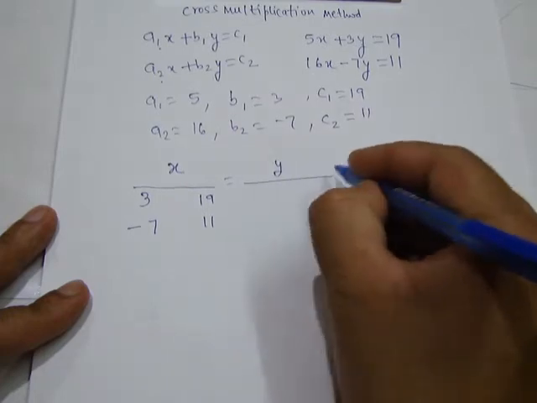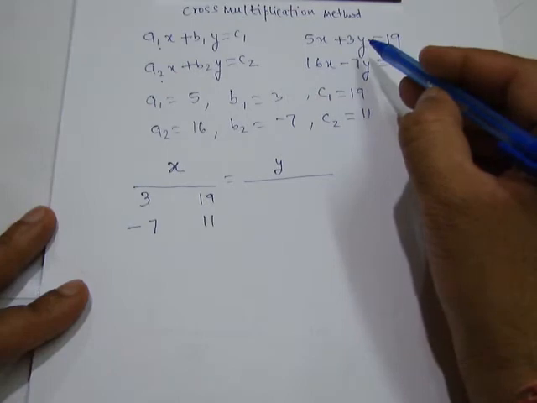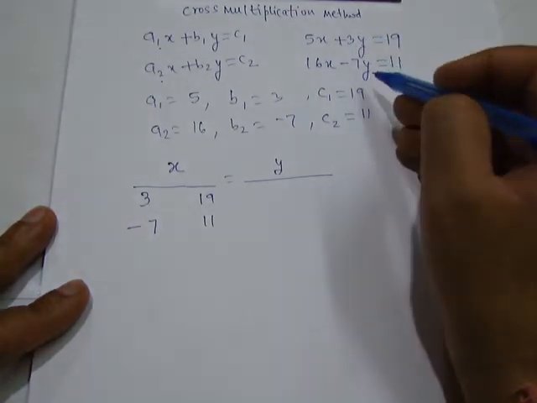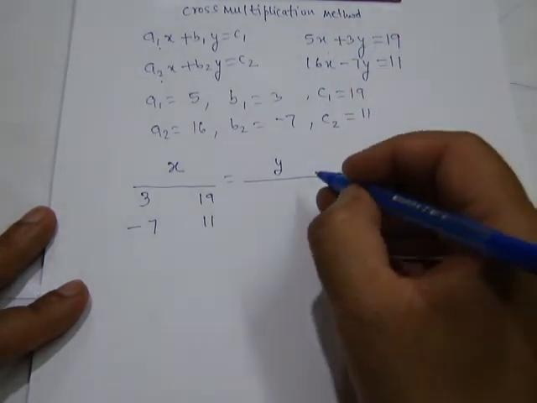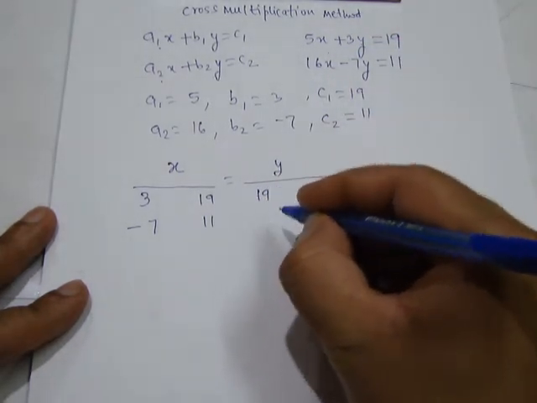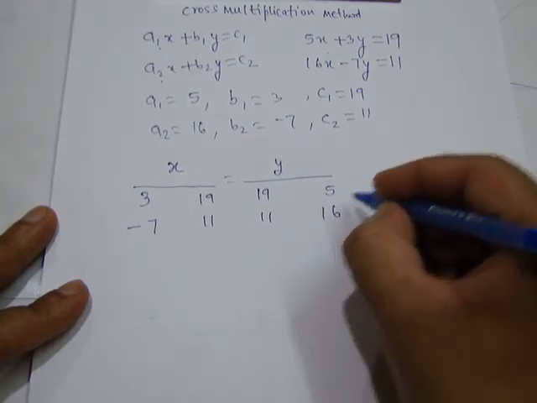Then in the denominator of y we leave the values of y, so we write the values of x and the constant. So this is of the constant and this is of x.